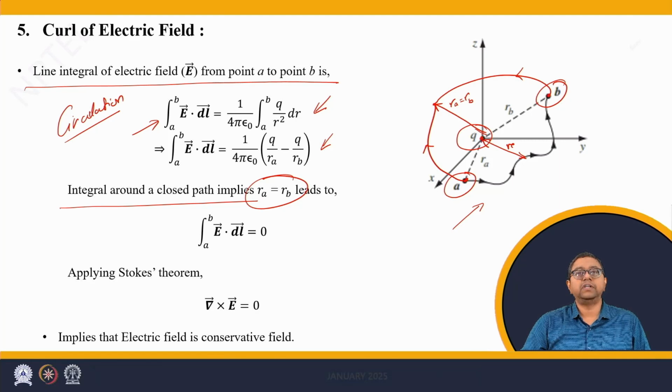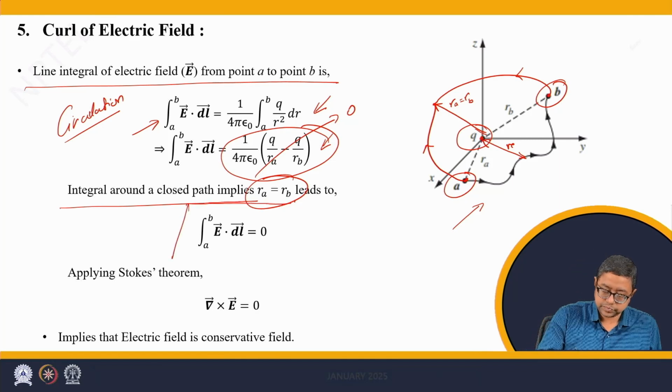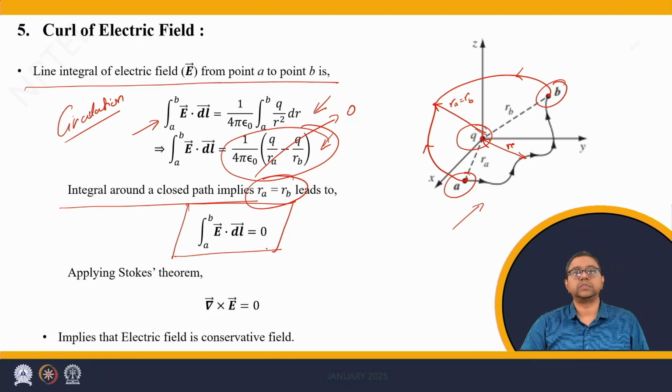Now the right-hand side of this equation goes to 0. Thus, integral from A to B of E dot dl equals 0. This means that the circulation of the electric field around any closed loop equals 0. Applying Stokes' theorem, we can obtain that the curl of the electric field equals 0.